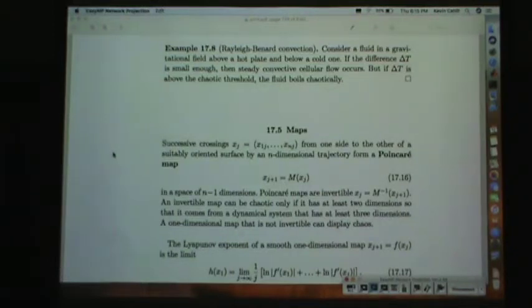Well, as I said in the text here, there's no single definition that fits everything. But the poor man's definition of chaos is that you have extreme sensitivity to initial conditions.